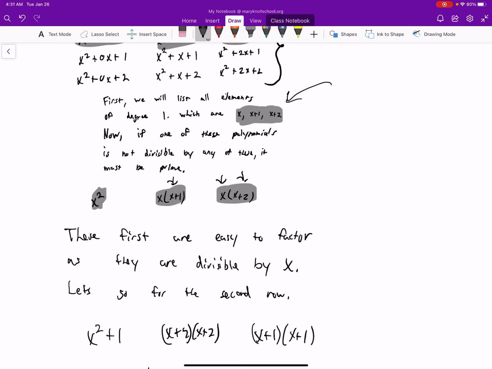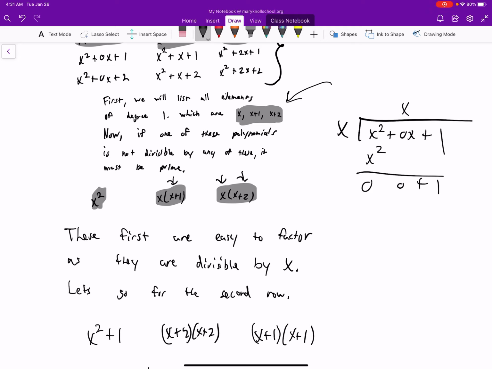Well, we can try. Here, let's just go for it. x squared plus 0x plus 1. Now, I'm just going to try an x. So x here, x squared, and then we get a 0, 0 plus 1, and then we can see that we're going to be left with a remainder.